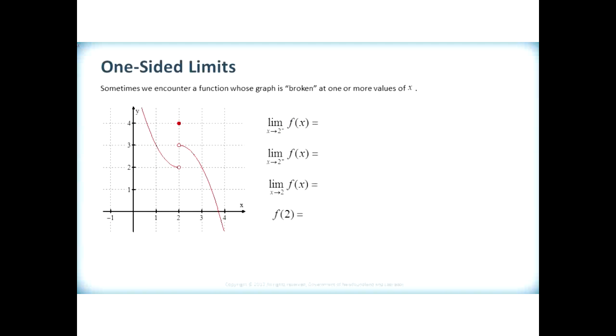What that means is, if I have the limit as x approaches a value, let's call it a, with a little negative sign there, of f of x, or the limit as x approaches a with a little positive sign where an exponent would go, of f of x, then we're talking about the limit of the function as the values of x approach the given number a, but only from one side.